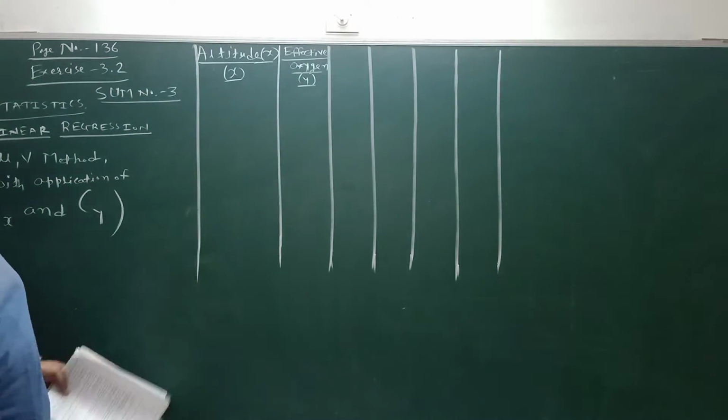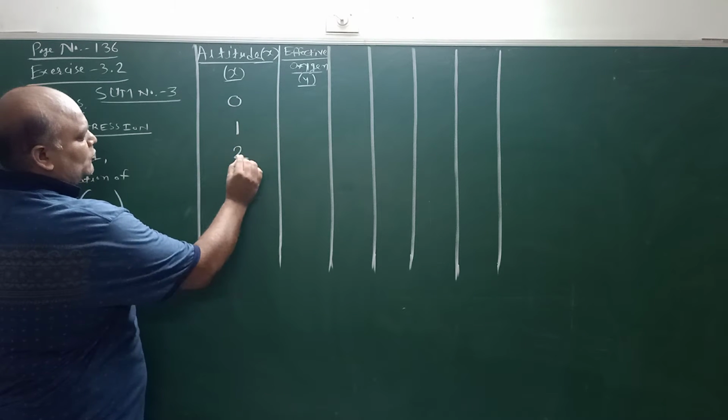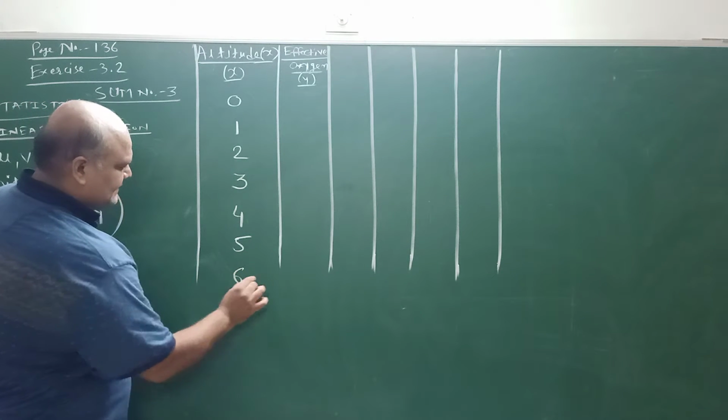In the column of x, we have 0, 0, 1, 2, 3, 4, 5 and 6.